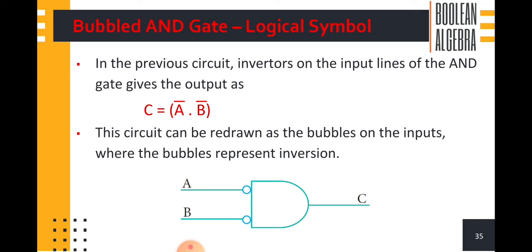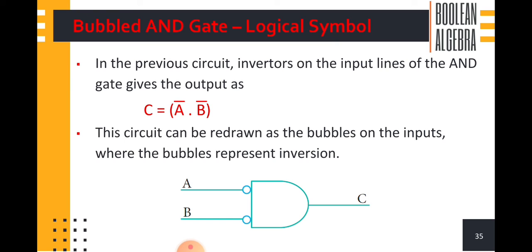Okay, so see this diagram, A, B. We just include one circle before this AND gate. This circle is used to indicate we are inverting the input and passing it to the AND gate. So we call this a bubbled AND gate. See this diagram. A bubble symbol, that is a circle symbol, appears only before this AND gate.